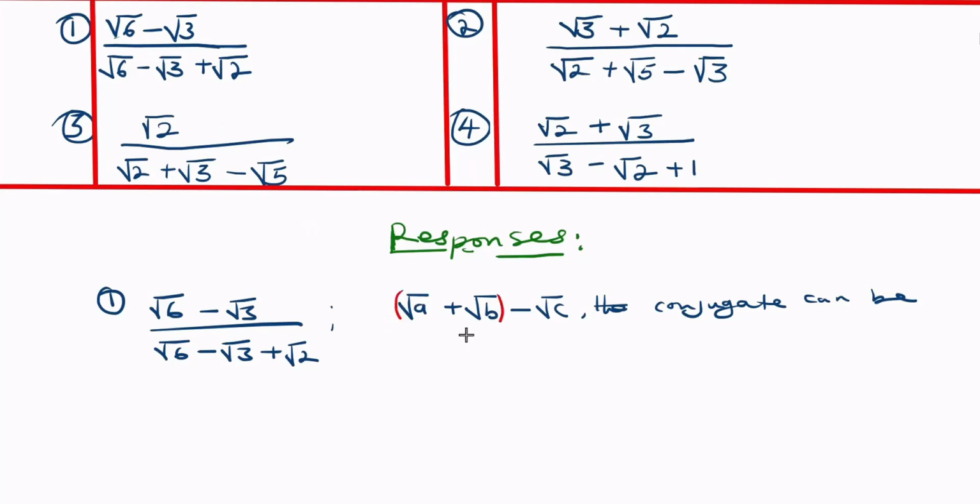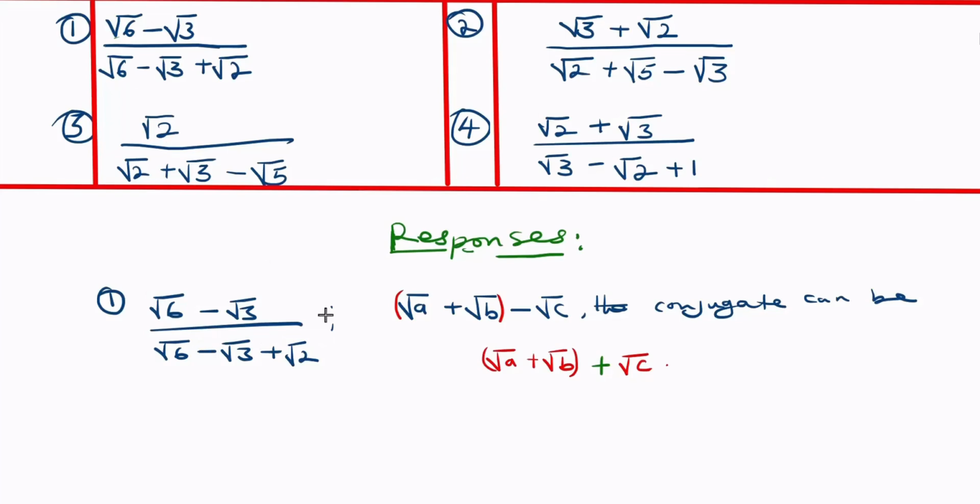The conjugate of this becomes the square root of A plus the square root of B, and since we are getting the conjugate, we change the sign from subtraction to addition: plus the square root of C, or vice versa. You can make this one identity, 1 term, then you change this sign. It's what we are going to do here for these numbers.